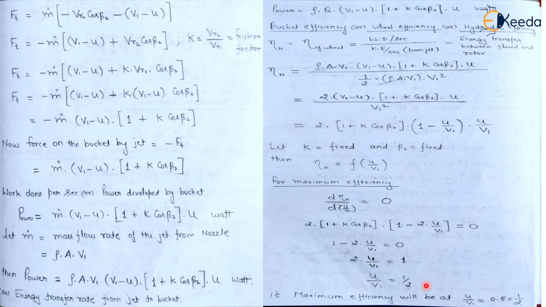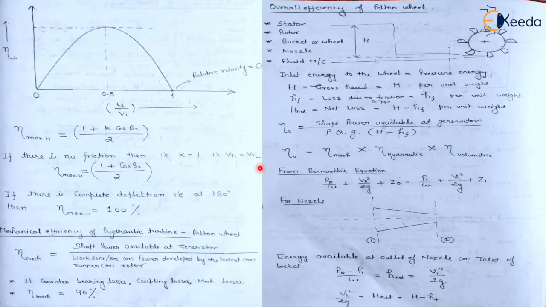Now we will put this value in this equation. After putting this value, we get the hydraulic efficiency equal to (1 plus k cos beta 2) by 2. If there is no friction, then k is equal to 1, that means VR1 is equal to VR2. Then the hydraulic efficiency we can write as (1 plus cos beta 2) by 2.